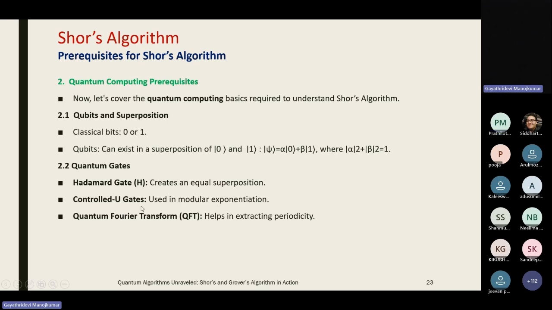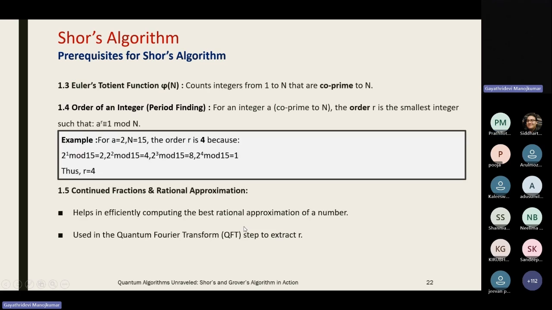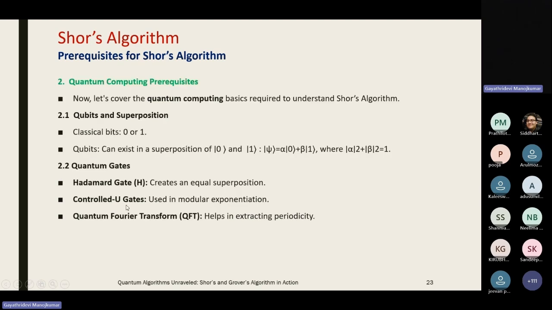The controlled-U gate will be used for the modular exponentiation, and the quantum Fourier transform is used for extracting the periodicity. What I have told, the order of the integer, where I need to extract this, I need to compute the iteration from 2 to the power 1 to 2 to the power 4. So I need to have this exponentiation, extracting the periodicity with the help of the quantum Fourier transform.